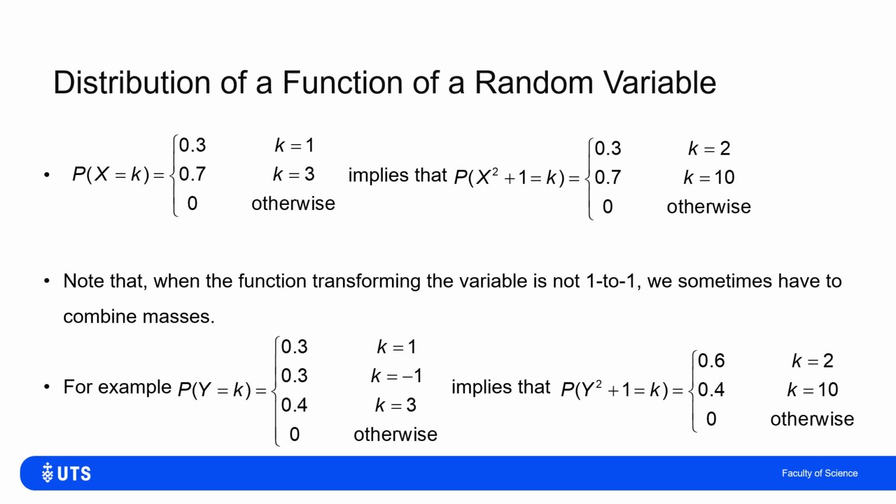So in that case, I'd have to combine the probability masses where two of the variable's outcomes map to the same one of the function's outputs. But apart from that, that's about as difficult as discrete cases get.